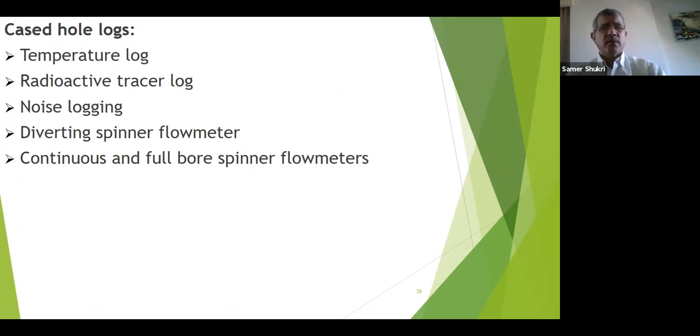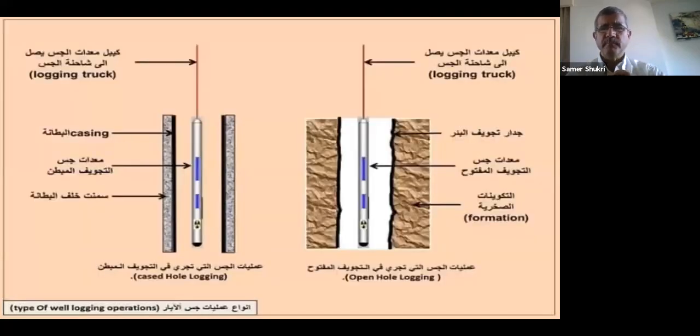What are they? We have temperature log, radioactive tracer log, noise log, diverting spinner flow meter, continuous and full bore spinner flow meters, and so on. But these are the main cased hole logs that we run in normal operation.